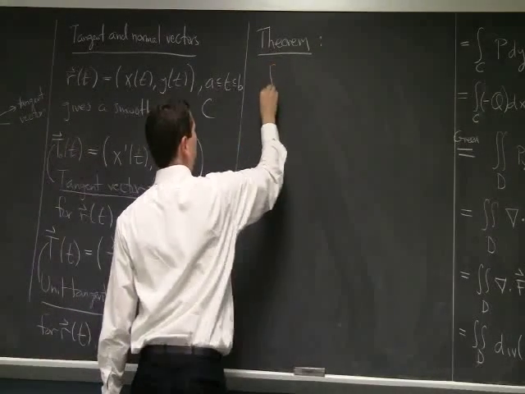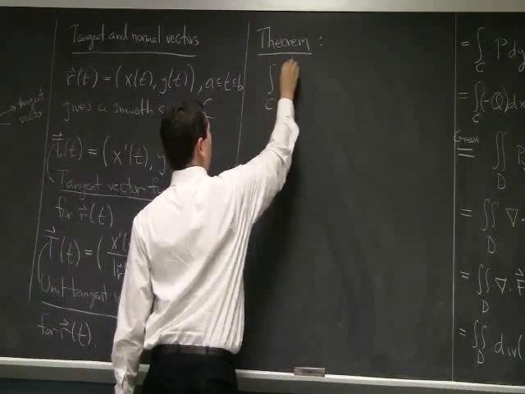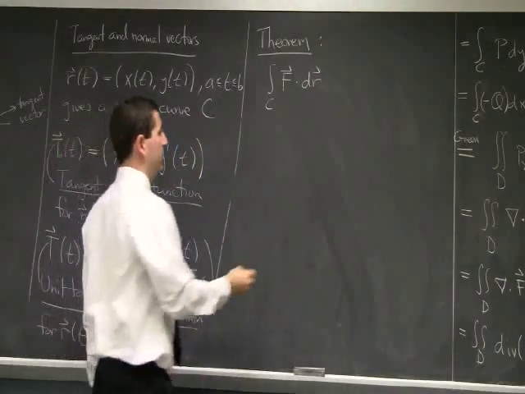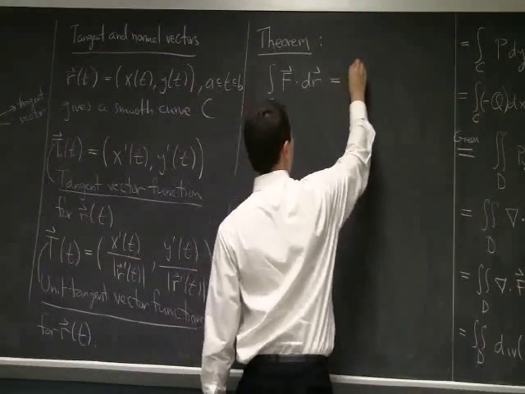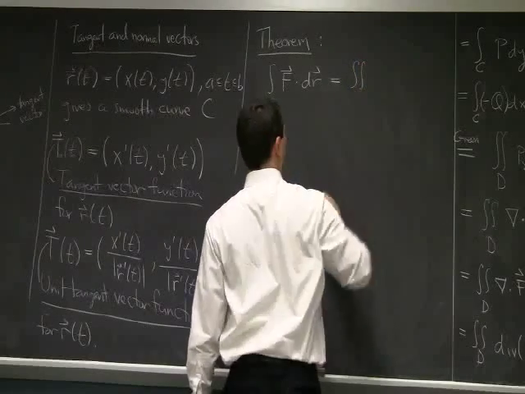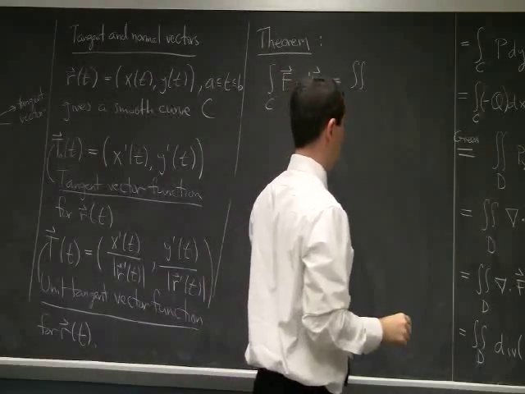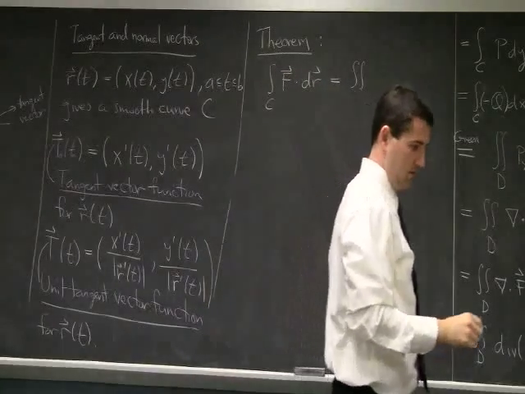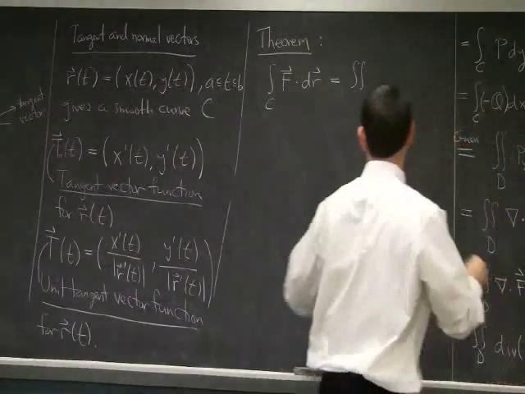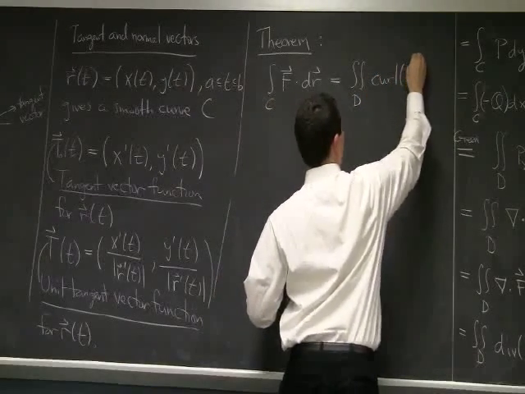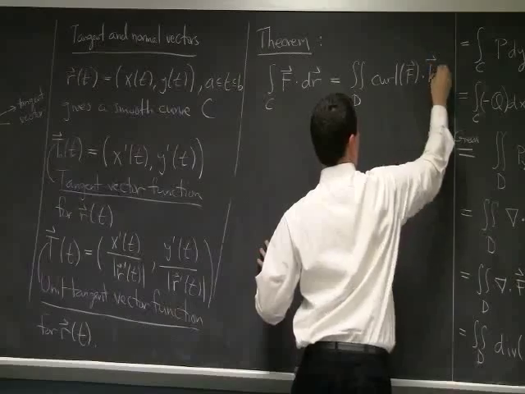The first one is that the line integral of f over C is, did we erase it? Yeah, yes, we did. We put down the double integral over D of the curl of f dot product with k.